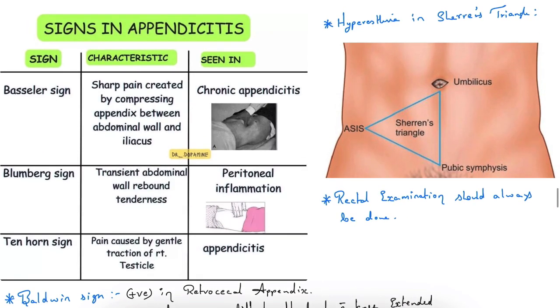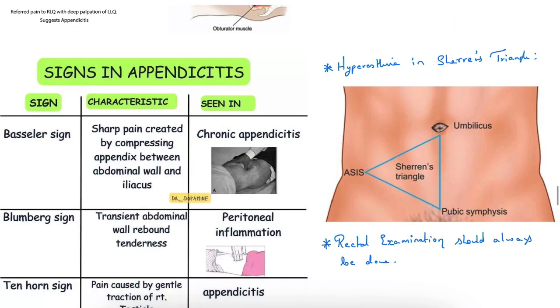Okay, so these are the signs of appendicitis: Blumberg sign, Rovsing sign, Psoas sign, obturator sign. These are the many signs we have to find out for appendicitis. Next one, this is the ASIS, this is the pubic symphysis and this is the umbilicus.